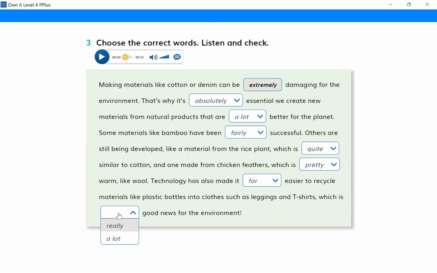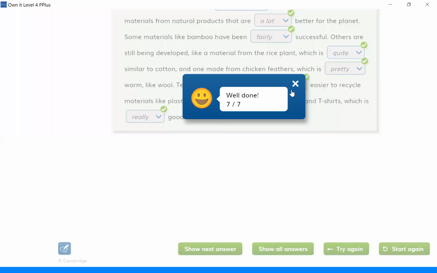I just again want to draw your attention that a lot should be used before a comparative adjective, which means we need to pick up really. 7 out of 7 we have just made, which means we use the information given in the second exercise. Okay, so if you stick to the information given in the second exercise, which explains these categories of modifiers, it's way easier for you to do.